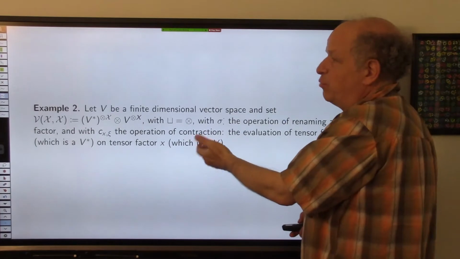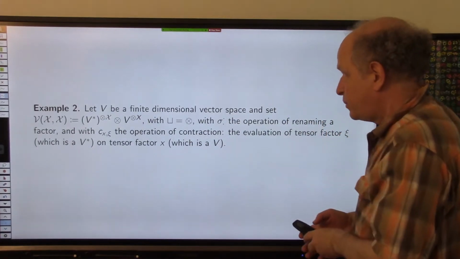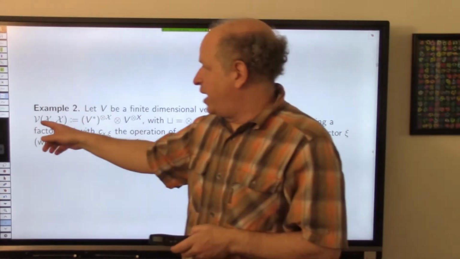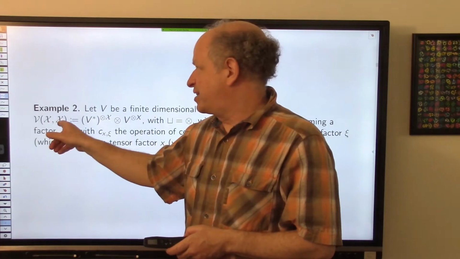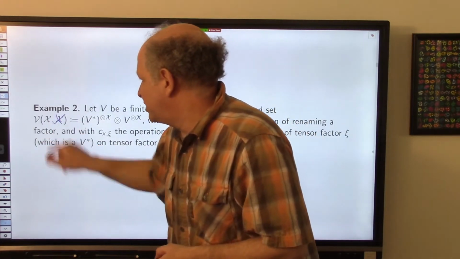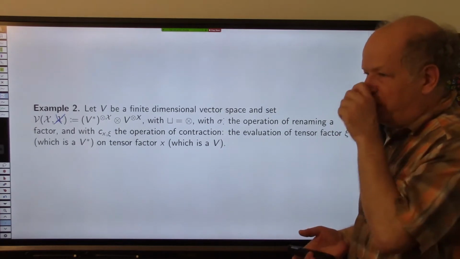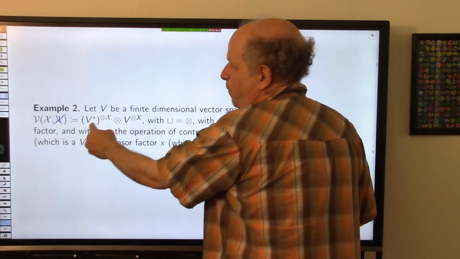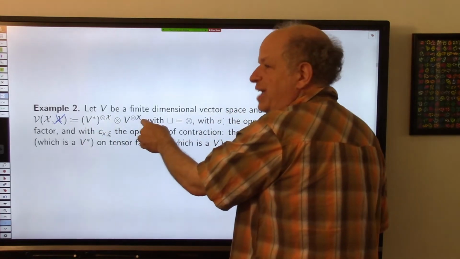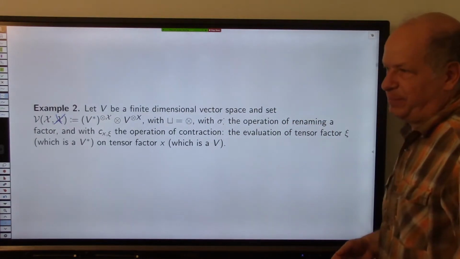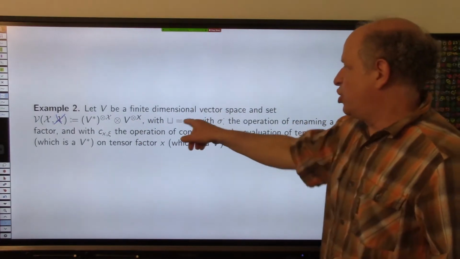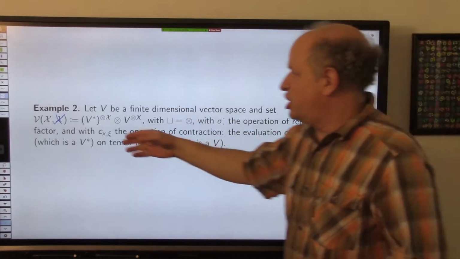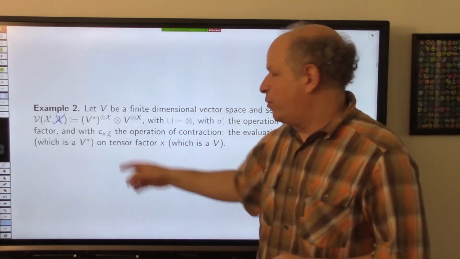So here is an example I will not use, but you should be aware of. If you have a finite dimensional vector space V, you can define V calligraphic X and then Latin X to be the calligraphic X tensor power of V dual tensor the X tensor power of V. Then disjoint union is just tensor product. Renaming is just renaming the factors, and then there is the operation of contraction.